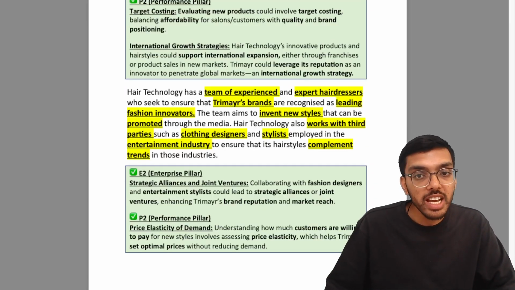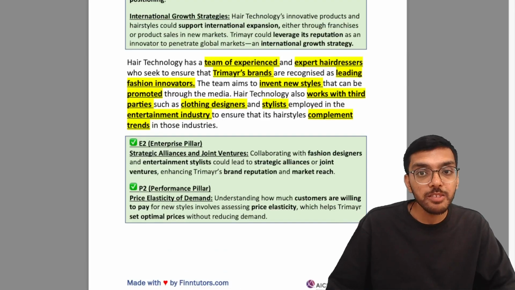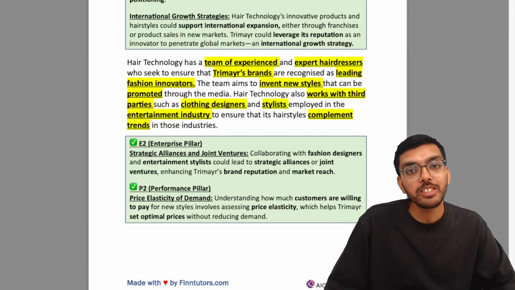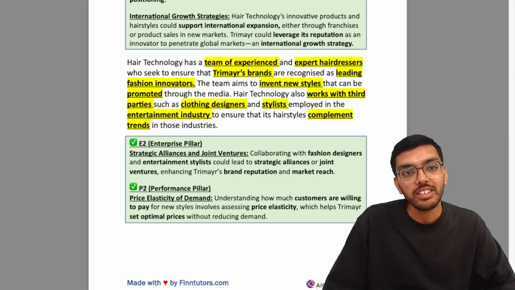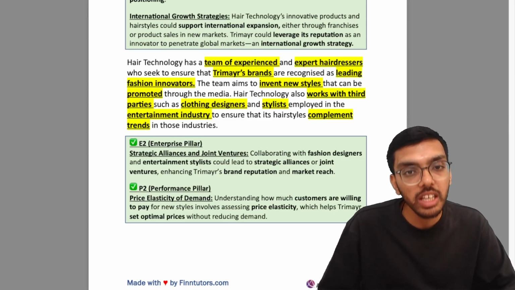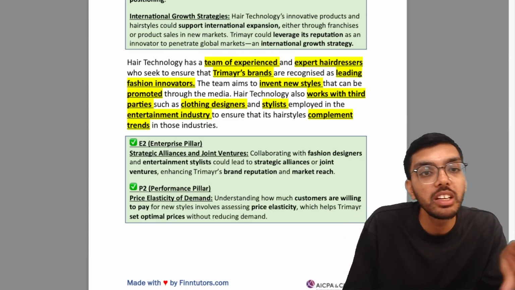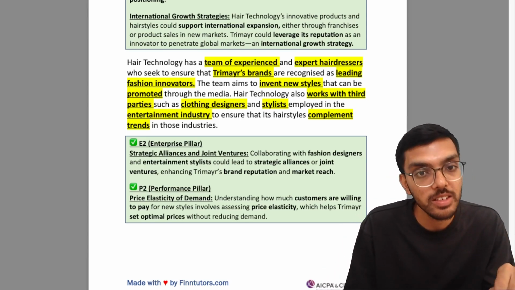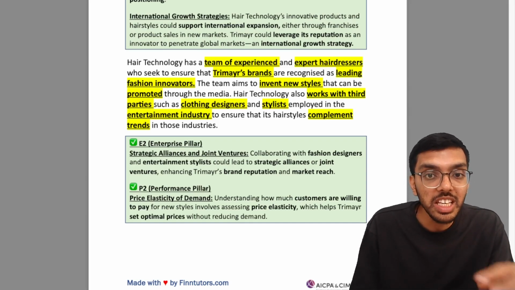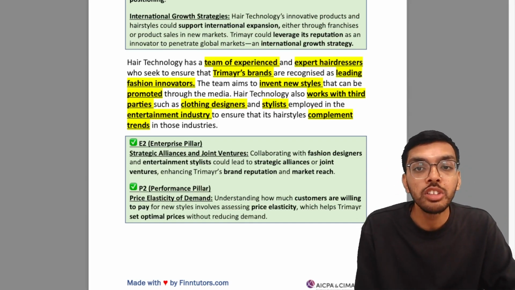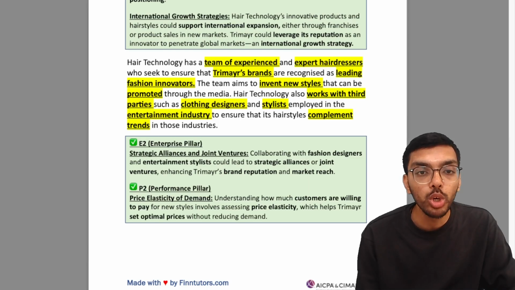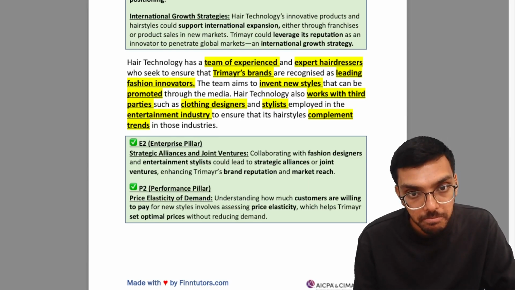Hair technology has a team of experienced and expert hairdressers who seek to ensure that Trimayr's brands are recognized as leading fashion innovators. So we have a team of in-house experienced and expert hairdressers. The team aims to invent new styles that can be promoted through the media.